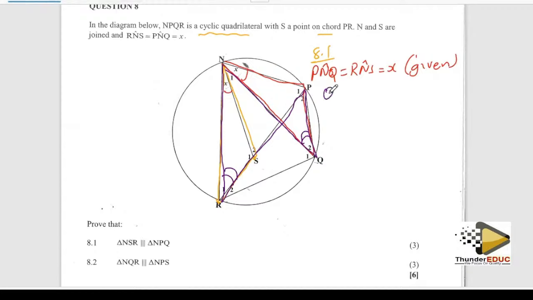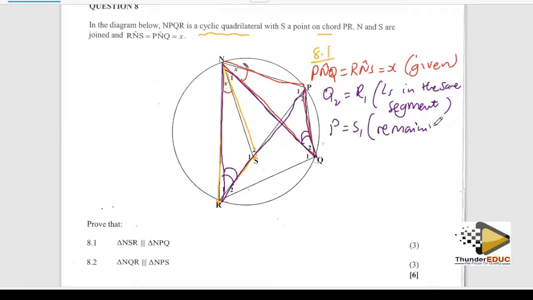So Q2 is the same as R1. Reason, angles in the same segment. And then automatically we can say that P is the same as S1, and that is the remaining angles of the triangle.